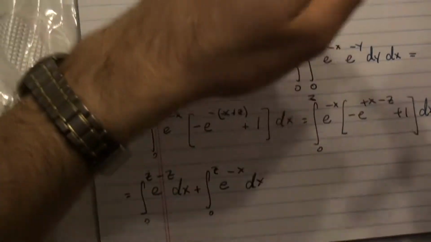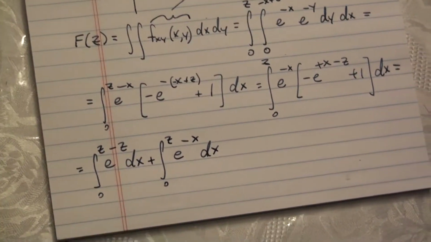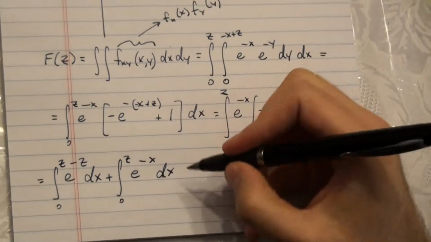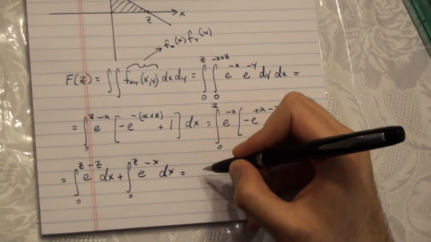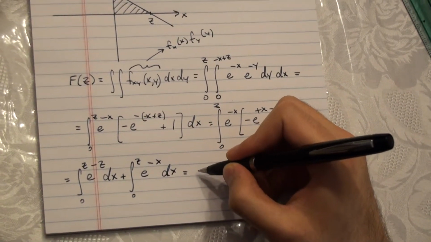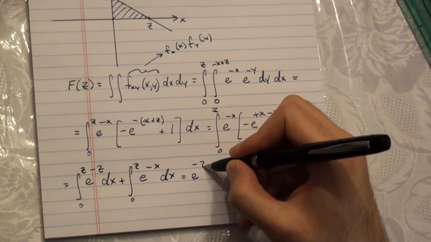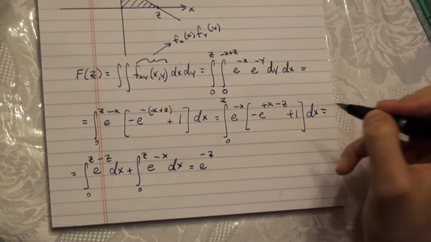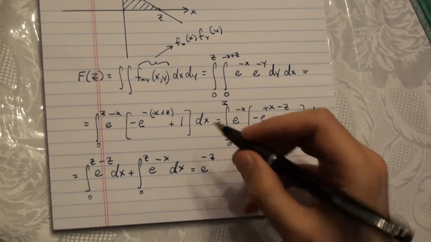Okay. So now we just integrate normally. This is a constant, so we can pull it out. So we get e to the minus z, and then, oh, I missed a minus sign. There's a minus sign here.